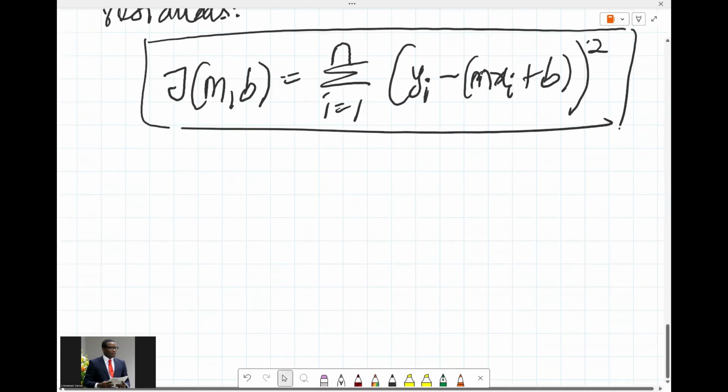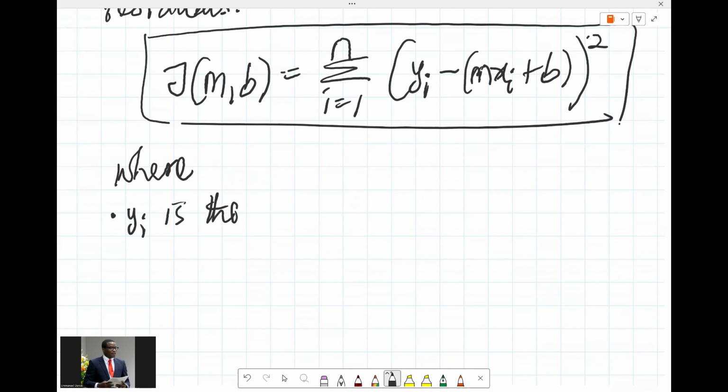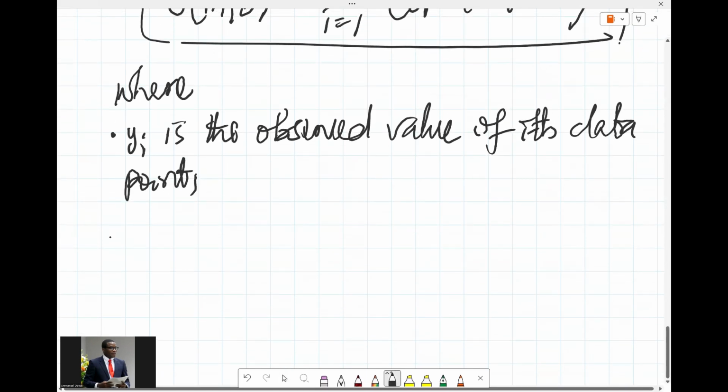Now, yi is the observed value of the ith data point, that's the data points we have.